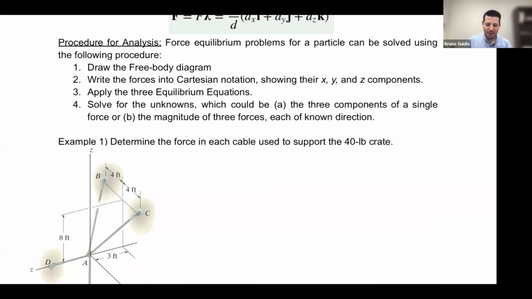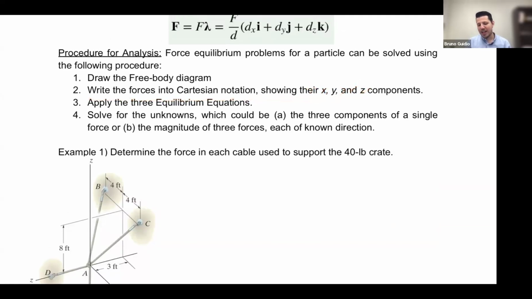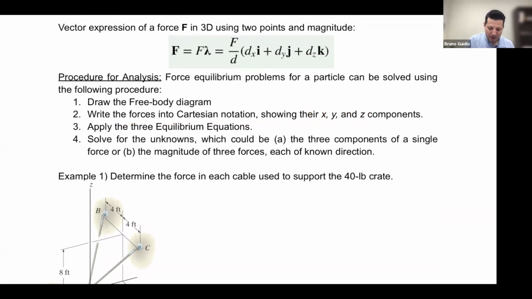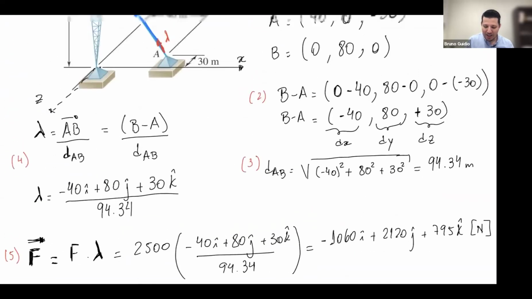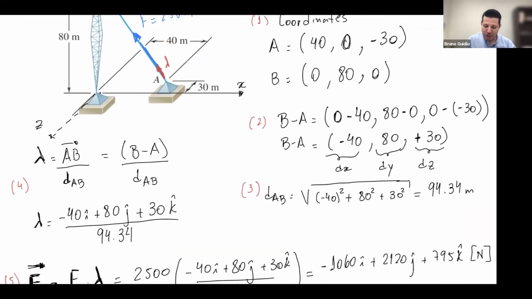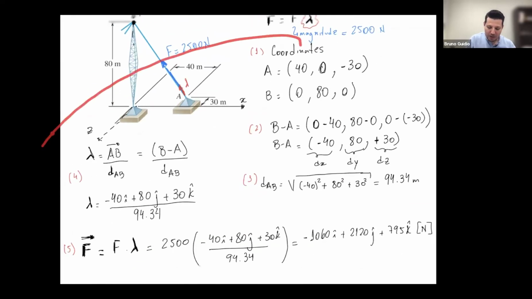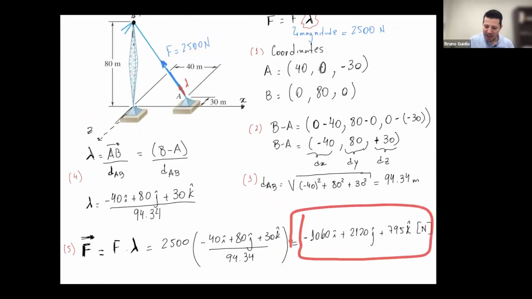Second, write the force in Cartesian notation showing the x, y, and z components. We're going to have to write what we just did in i, j, and k. Pretty much the second step is to do all of this, so that in the end we have i, j, and k for each single force.